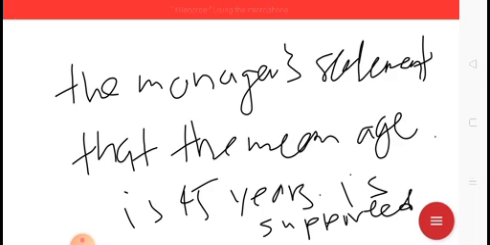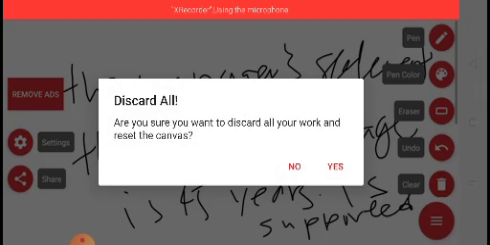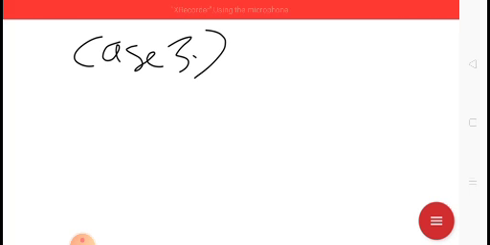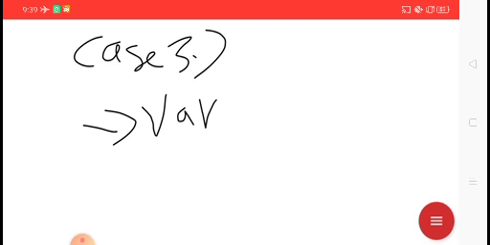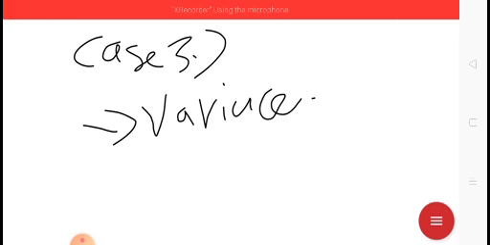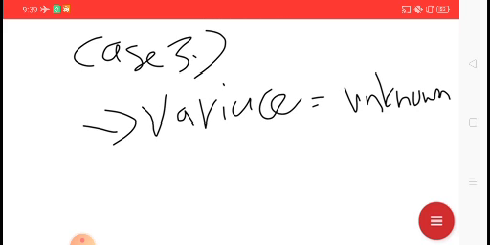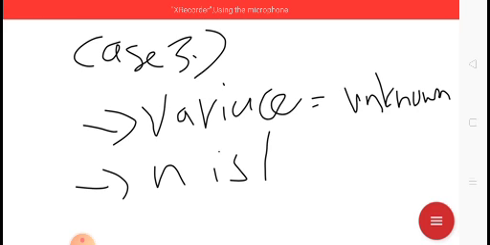Okay, for case 3. For case 3, the scenario is variance unknown. Okay, n is large.